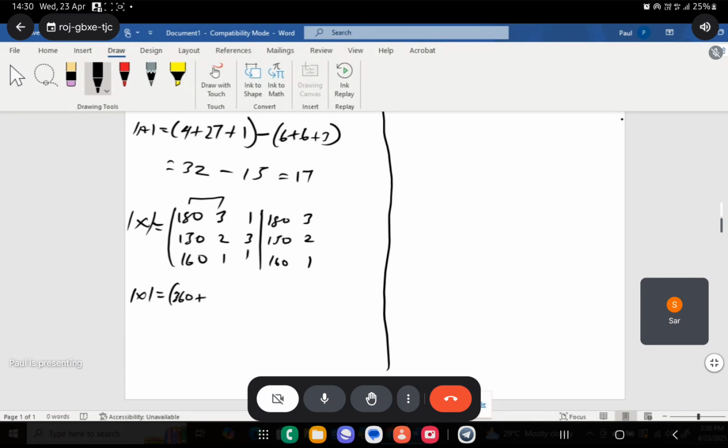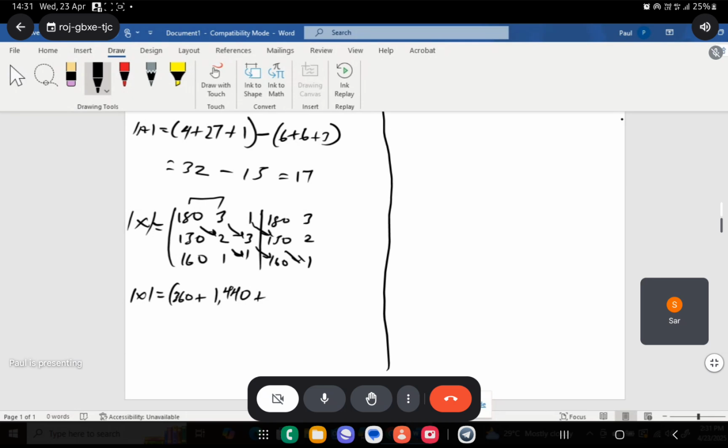Times 160. Because this is the crossing. You can be crossing from your end like this. So 3 times 3 times 160 becomes 1440, isn't it? Then 3 times 3, 9 times 160. Yes, that's the first one.